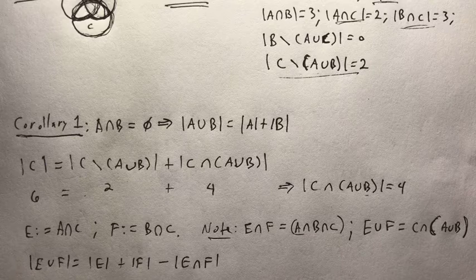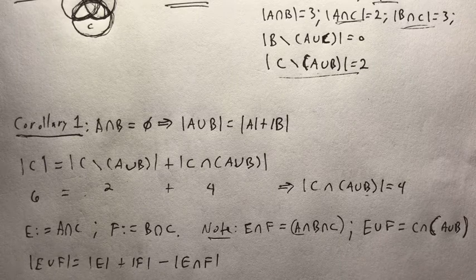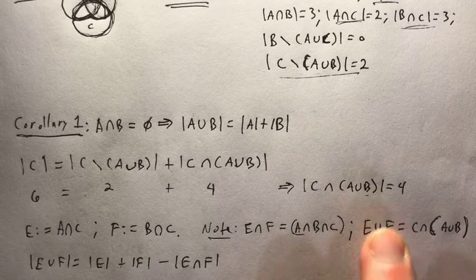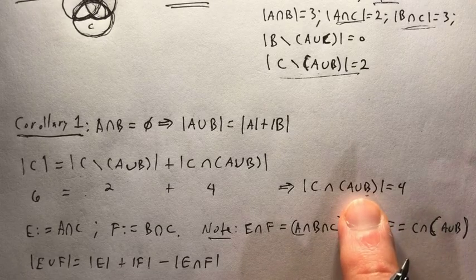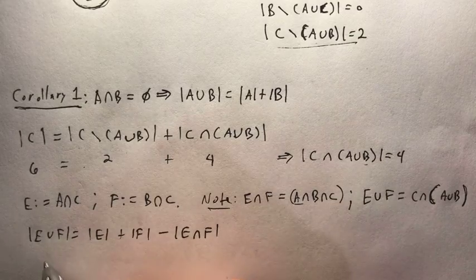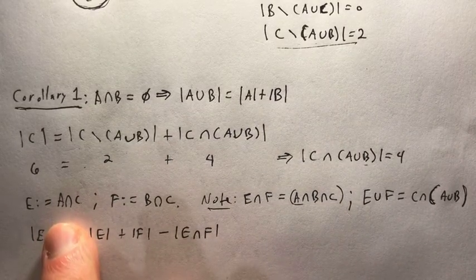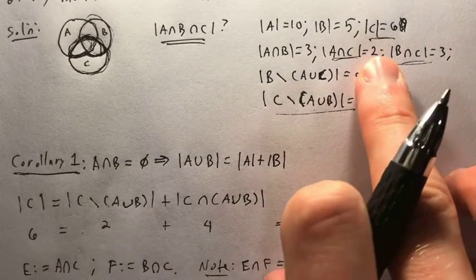All right, so now I can go back in and find, well, what's the size of E union F? The size of E union F is the size of C intersect A union B. So that's 4. The size of E is the size of A intersect C. A intersect C is 2.